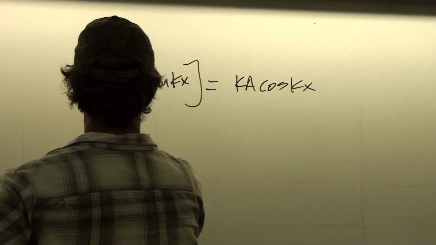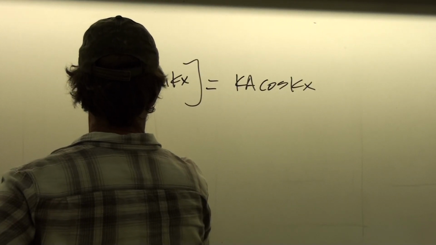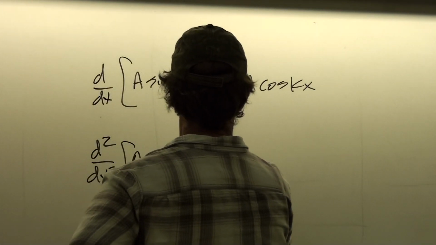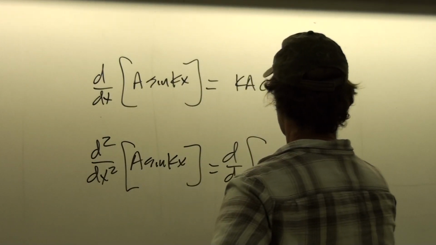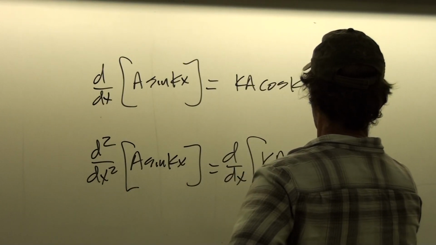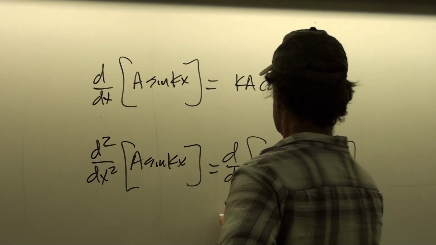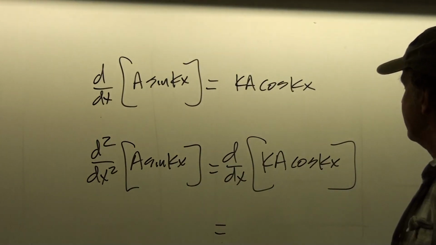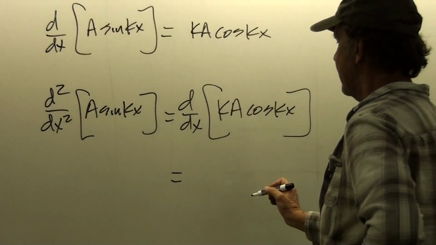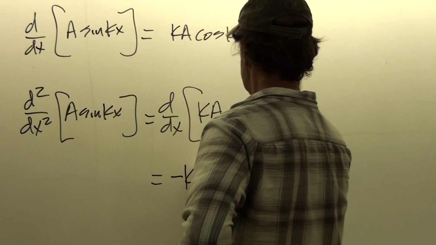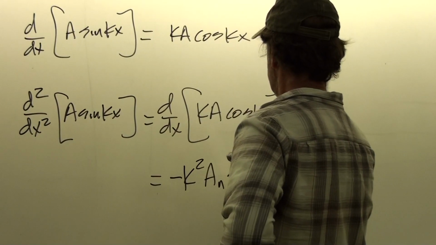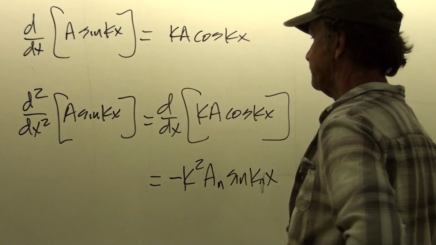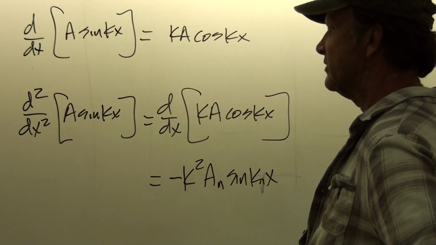And so then the second derivative of A sin kx is just d by dx of kA cos kx. And so that's going to be another factor k that comes out. And then the derivative of cosine is minus the sine. So this would be minus k squared A_n sin(k_n x). Okay, so that's our second derivative.